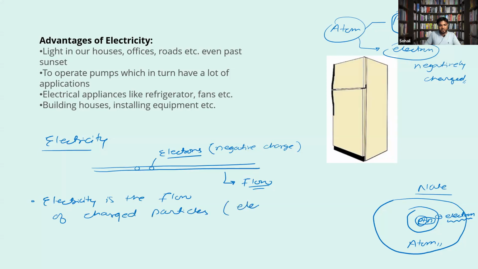That is, we are talking about electron. Yeah. And will this charge move in a proper medium? So electricity is the flow of charged particles through a proper medium. Through a proper medium.